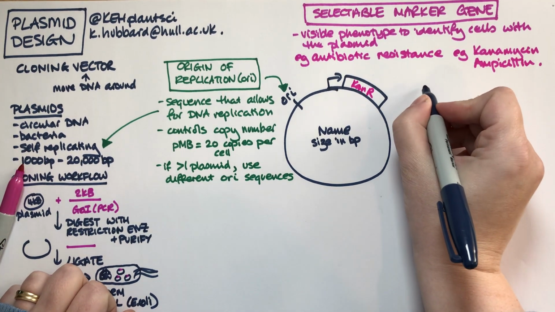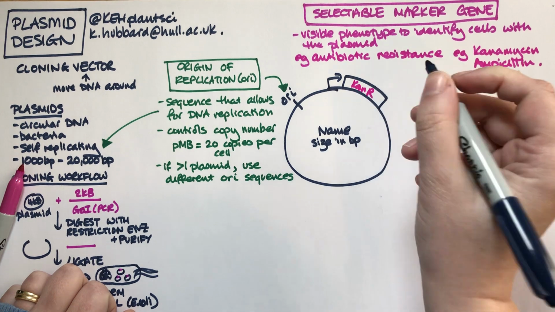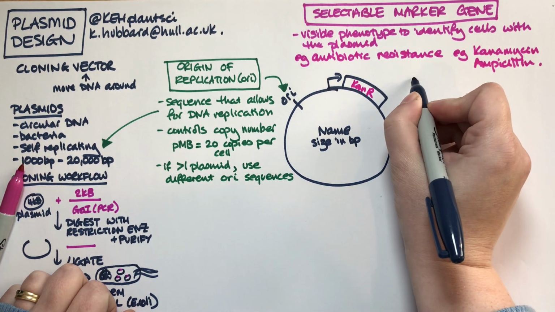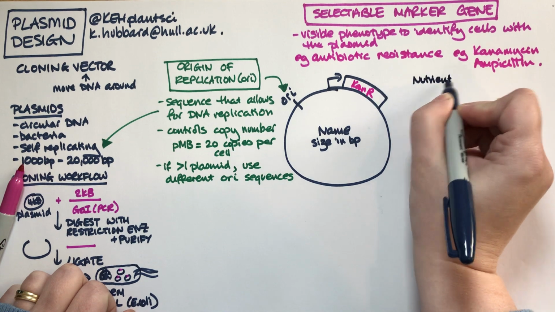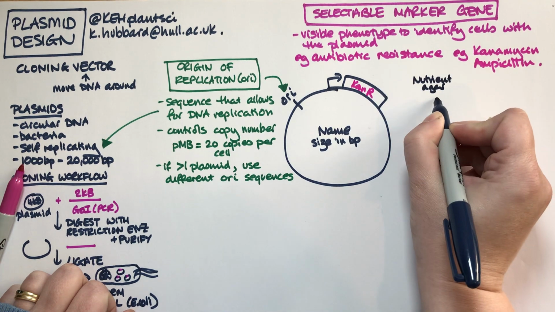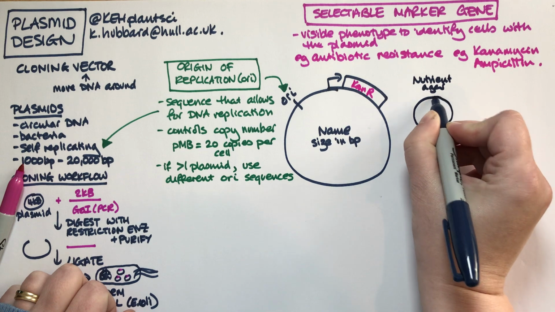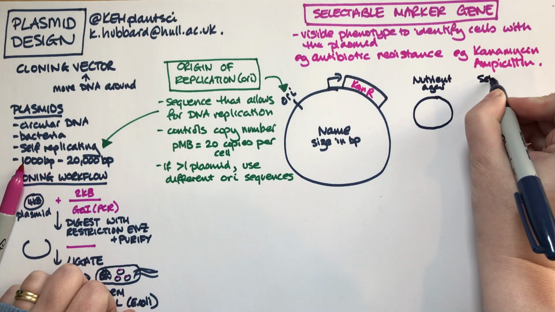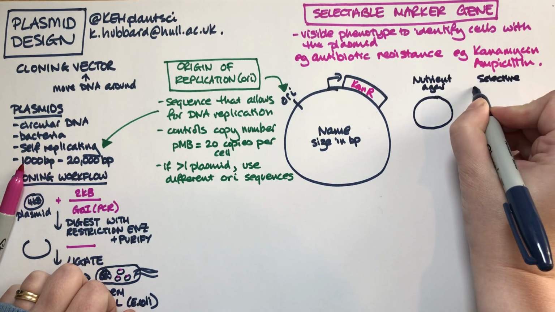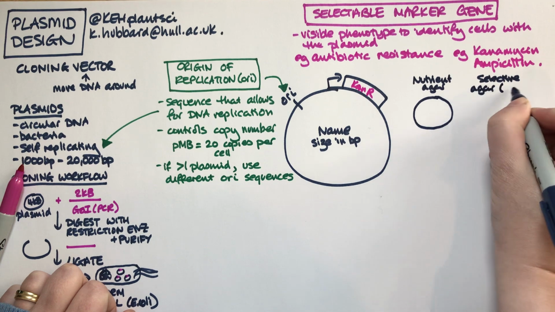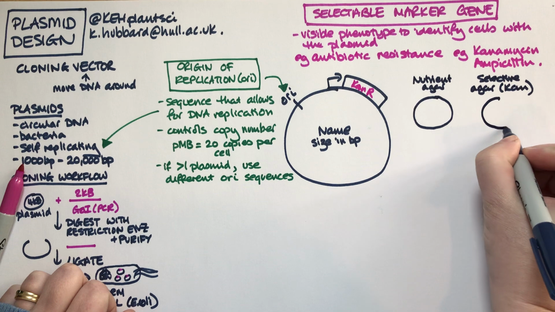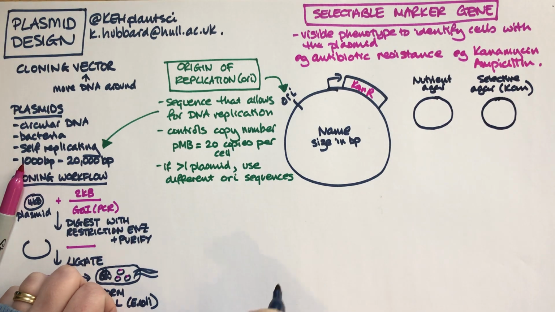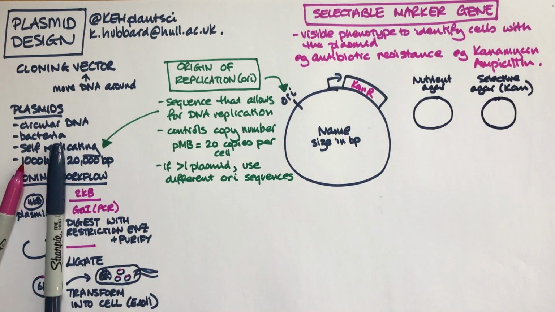So if we think about some agar plates, let's think about if we've got just standard nutrient agar in a Petri dish, or selective agar, so we've got kanamycin in the agar, we've added an antibiotic to the agar, then that's going to allow us to tell which cells are which.